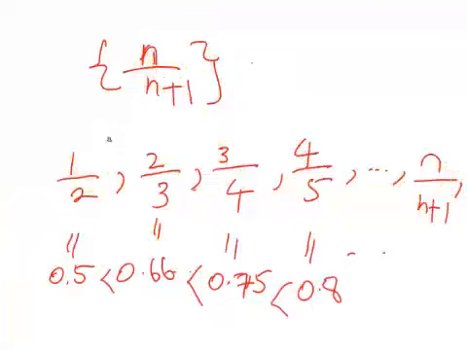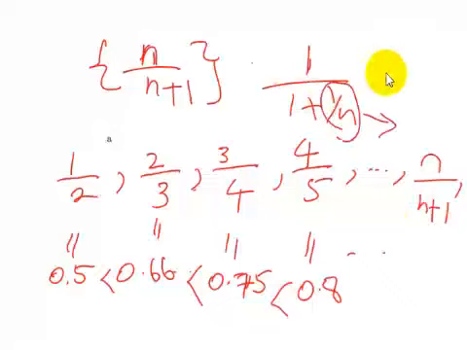So how do you find the limit? You divide both the denominator and numerator by n, and you get 1 over 1 plus 1 over n. As n tends to infinity, the term 1 over n gets very small as n takes large values.